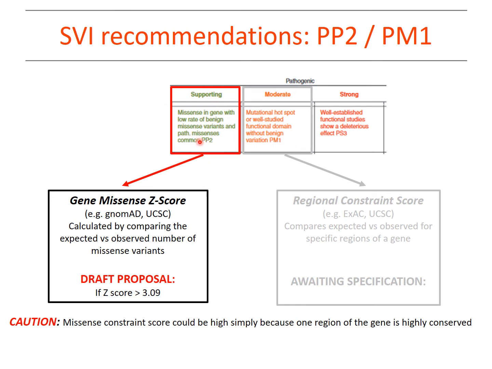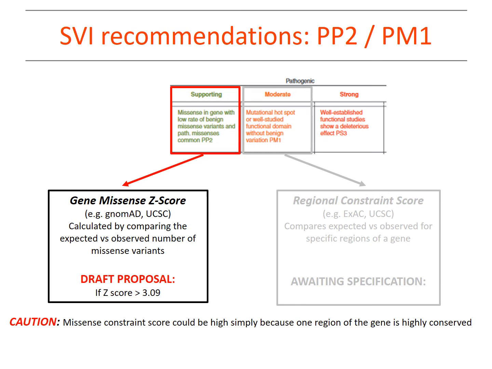The recommendation from the SVI was to use the gene missense Z-score from gnomAD, and I will show you how to retrieve it. This is calculated by comparing the expected versus the observed numbers of missense variants for a specific gene, and it's expressed as a Z-score. The draft proposal from the SVI is that if the Z-score is above 3.09, then you could use PP2.